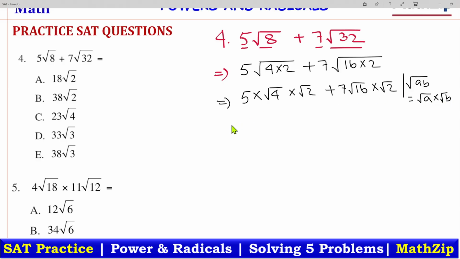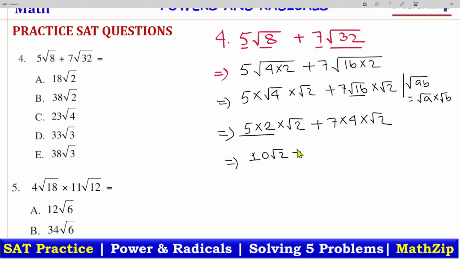I am trying to solve everything step by step. Now look, 5 will be unchanged times root 4, which means 2, times root 2, plus 7 root 16, which will be 4, times root 2. Now 5 times 2 is 10 root 2, plus 7 times 4 is 28 root 2.